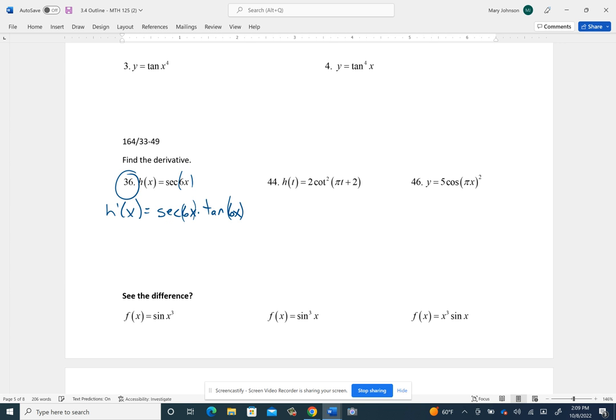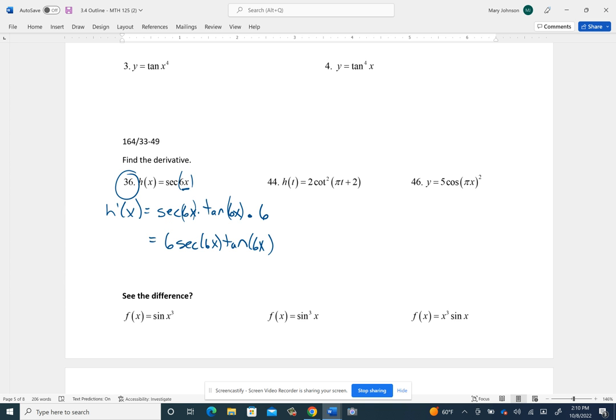The 6x is the input to those functions. And then you'd have to multiply by the derivative of the inside, which would just be 6. All right, so that one just turns out to be 6 secant 6x tangent 6x. And you don't need the parentheses on the 6x necessarily.